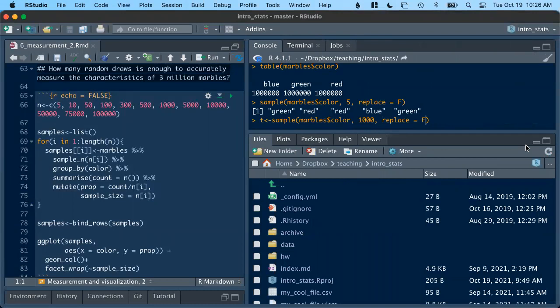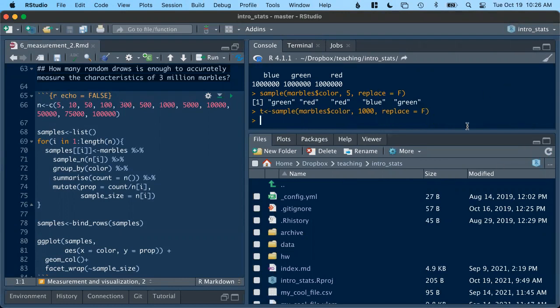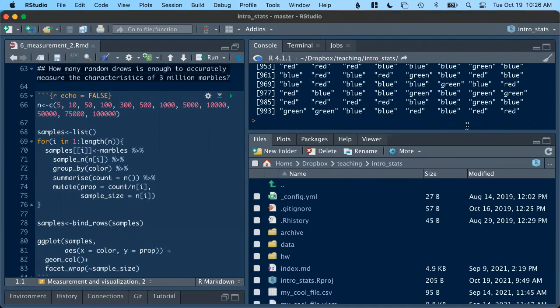Okay, so I'm going to create a vector called T that is a sample of the vector color. I'm going to draw 1,000 random items from it without replacement. So I'm sampling 1,000 without replacement from the vector color, putting that in an object called T. Okay, now T is just going to be 1,000 marbles, randomly drawn from color.